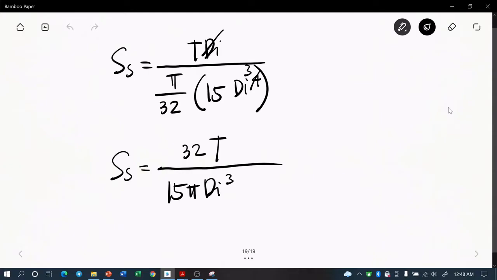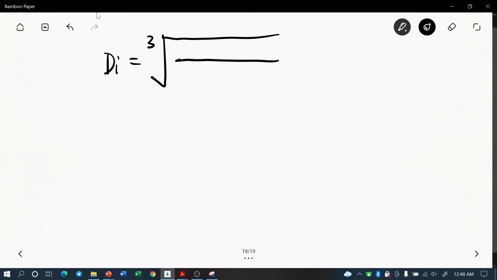So further, we can now get the expression for d sub I, which is equal to the cube root of 32 T over 15 pi times S sub S, or the design stress. Okay.